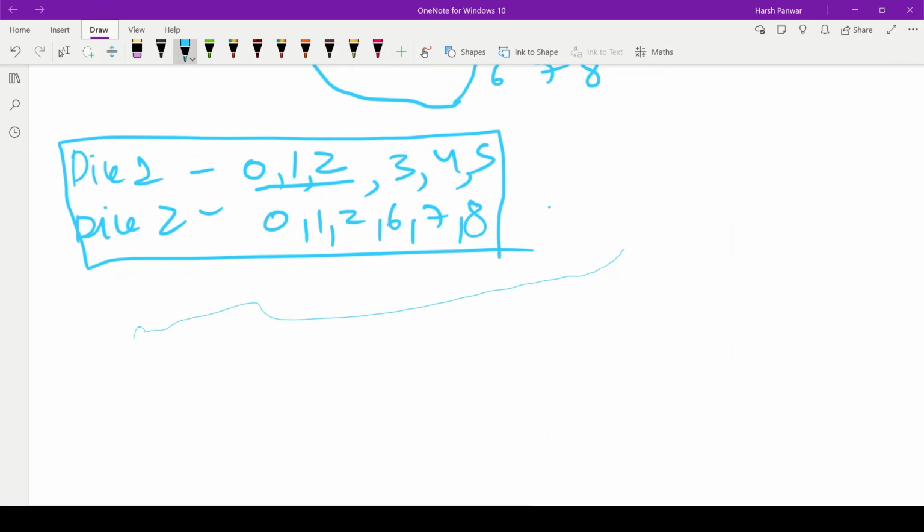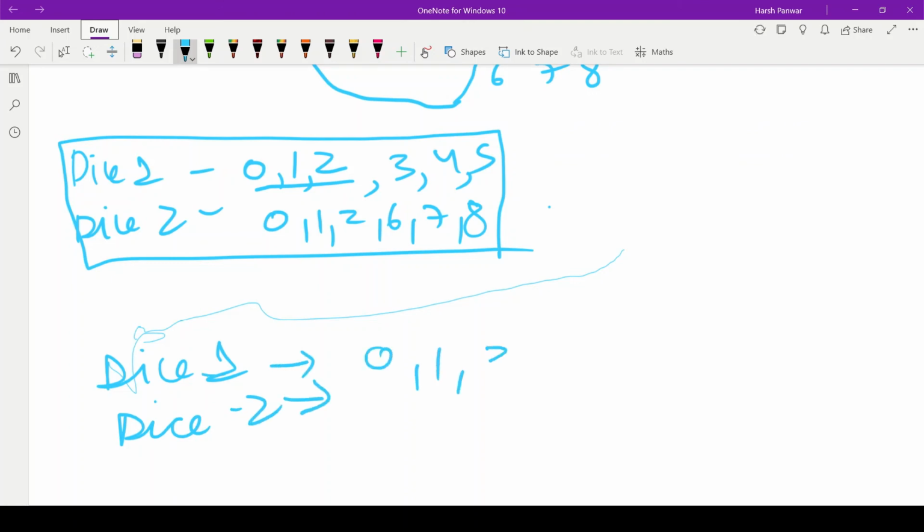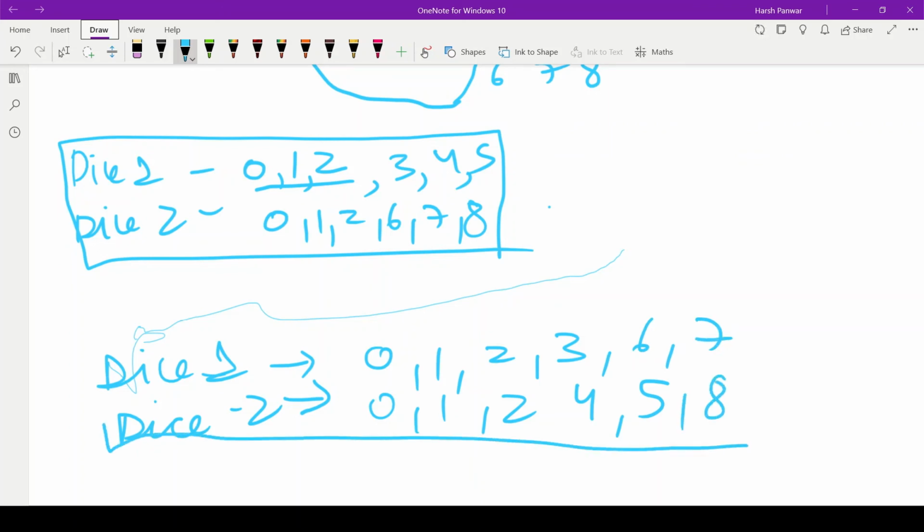Another possible representation is if this is dice 1 and this is dice 2: 0, 1, 2, 0, 1, 2, right? Now 3, 4, 5, 6, 7, 8. So this representation is also possible, right?